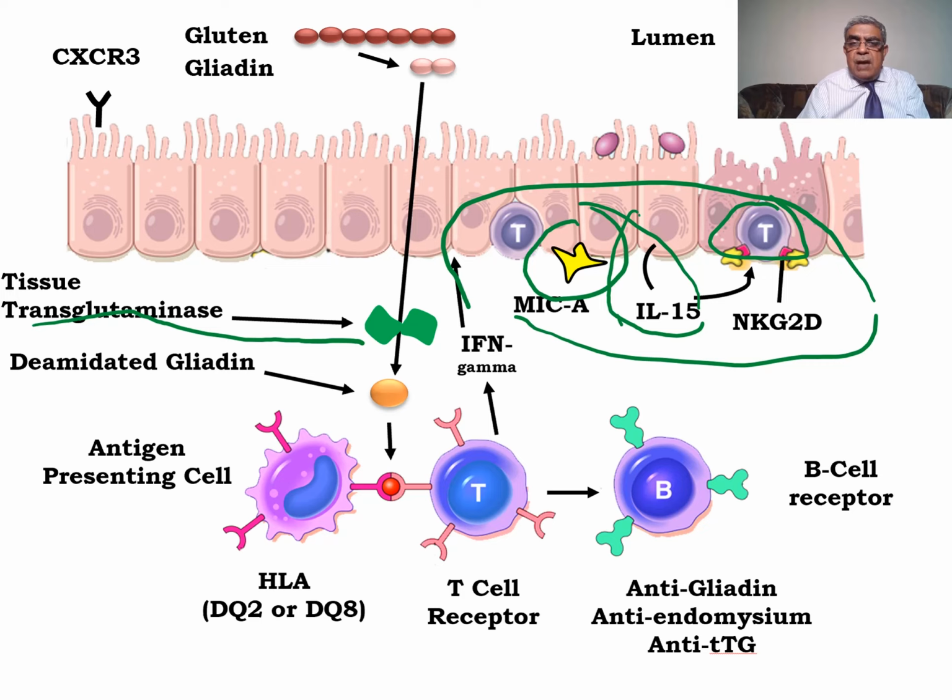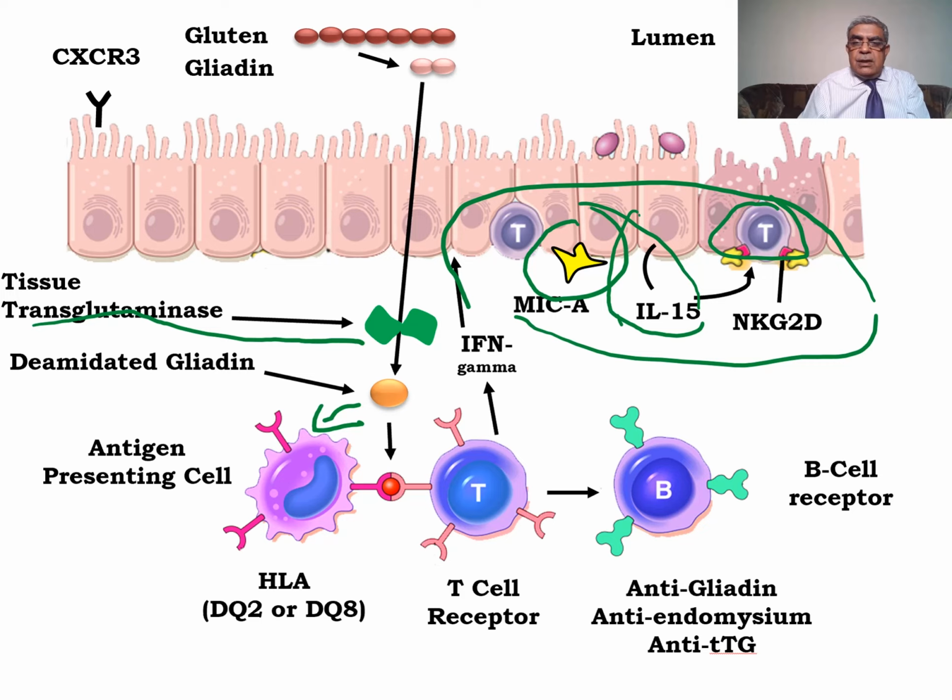Now this deamidated gliadin is more immunogenic. So what happens? This deamidated gliadin is taken up by the antigen presenting cells, and they process it and present it on the receptors which are DQ2 or DQ8.